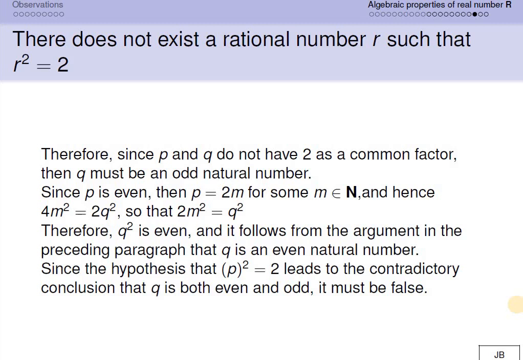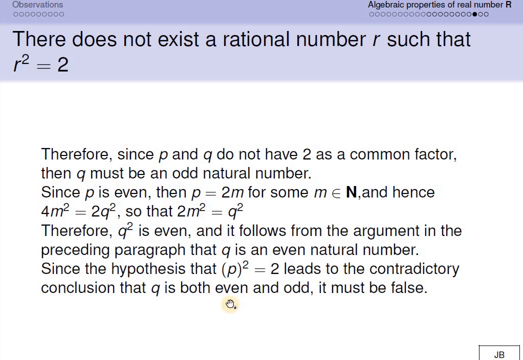Since our hypothesis was (p by q) square equal to 2, it leads to a contradictory conclusion that q is both even and odd. Earlier we got q is odd, and here we got q is even. So q is both even and odd, which is not possible, because every natural number is either odd or even.